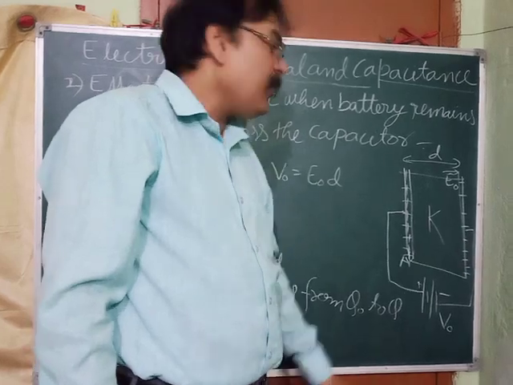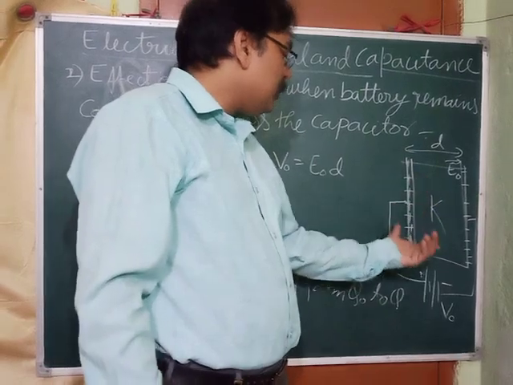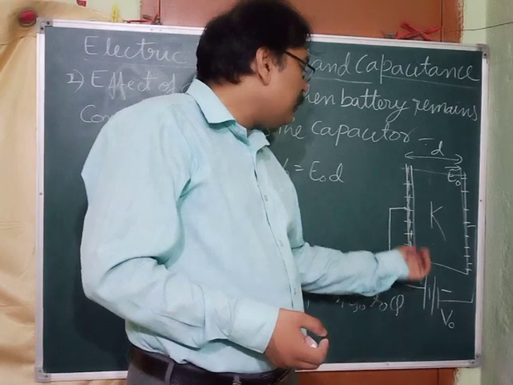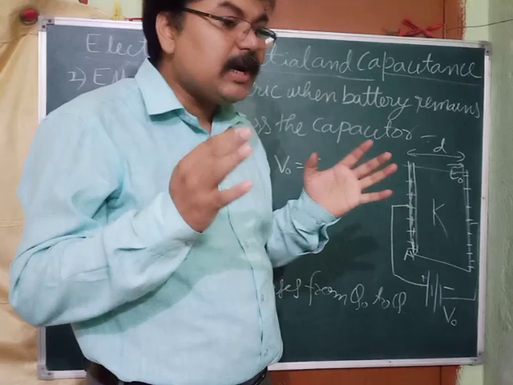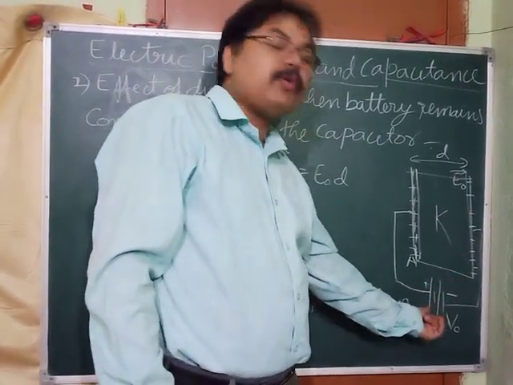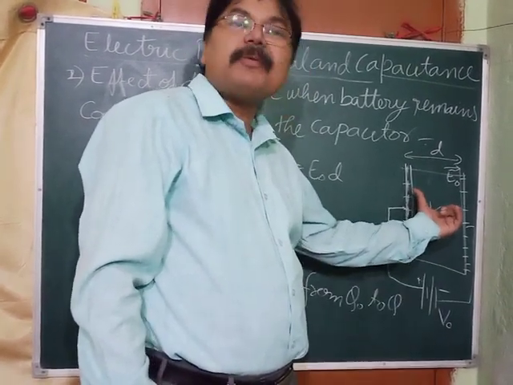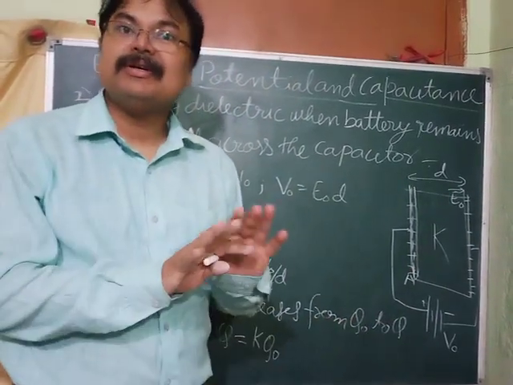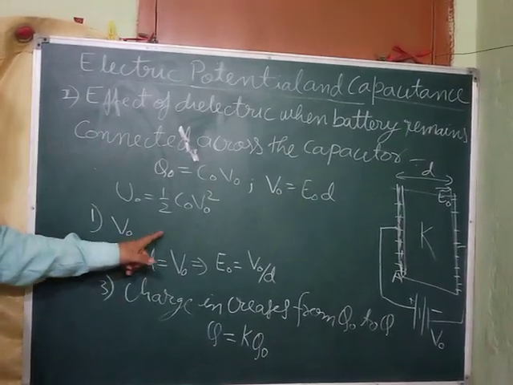When the effective charge is reduced, obviously the capacitor becomes capable of holding more charge, so it takes more charge, and still the potential difference between the plates becomes equal to the potential difference of the source battery. That means again the potential difference between the plates is V naught, it is not going to change. Got it? So first thing, potential difference remains unchanged.